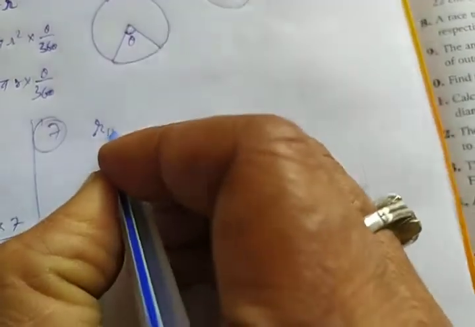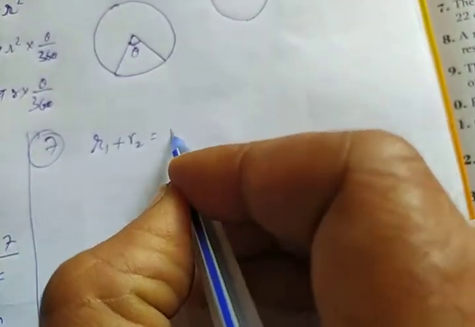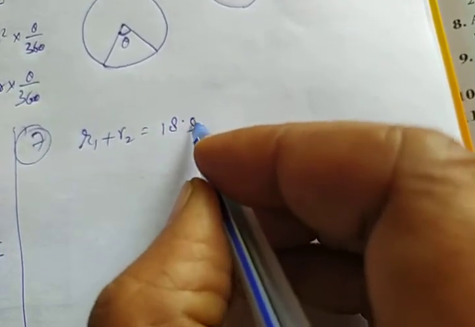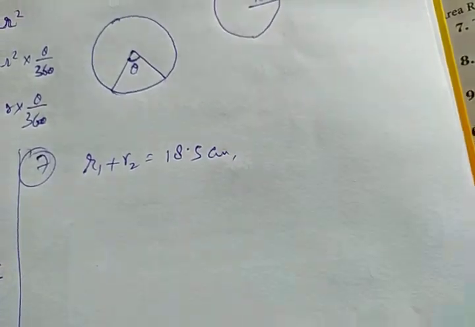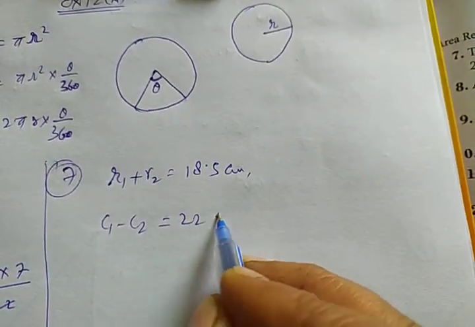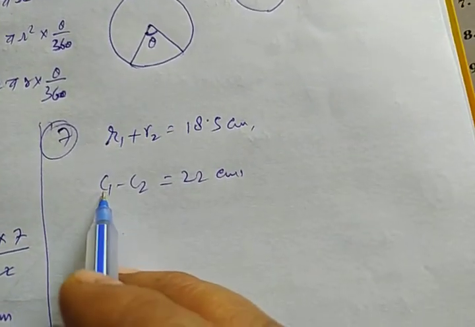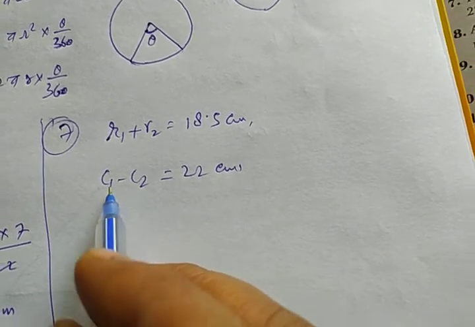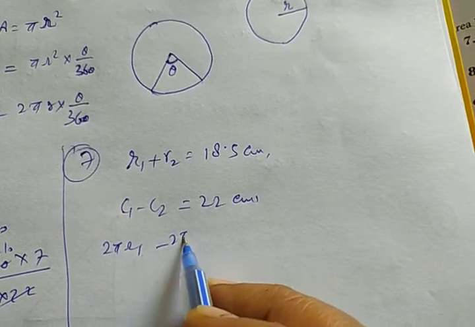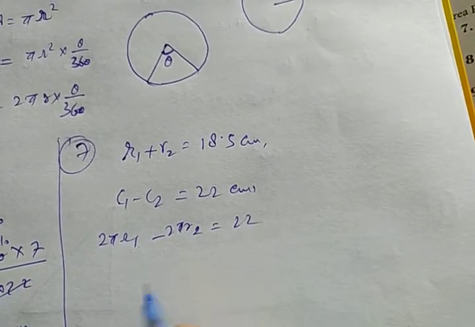It does mean according to question r1 plus r2 has been given 18.5 centimeter. And the difference of circumference, it does mean c1 minus c2 has been given 22 centimeter. But what will be done for c1 and c2? You will put the formula, that is 2 pi r1 minus 2 pi r2 is equal to 22.